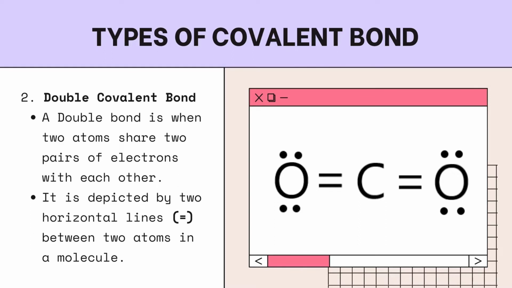To satisfy the octet rule, carbon needs 4 more valence electrons. Since each oxygen atom has 3 lone pairs of electrons, they can each share 1 pair of electrons with carbon. As a result, carbon's outer valence shell is filled.